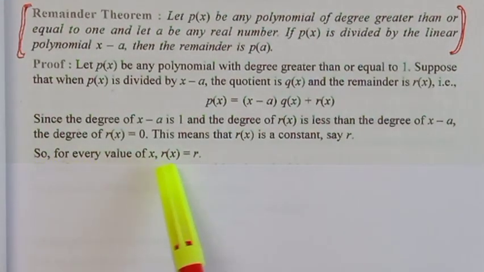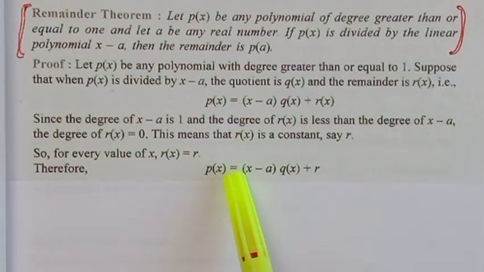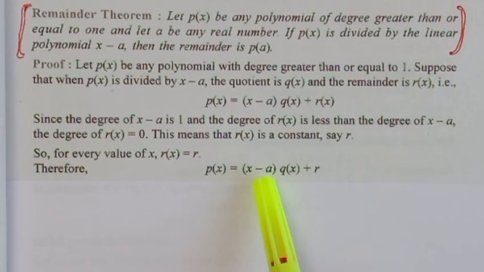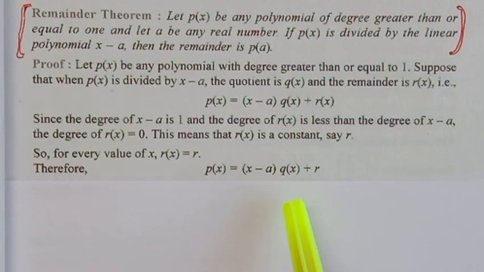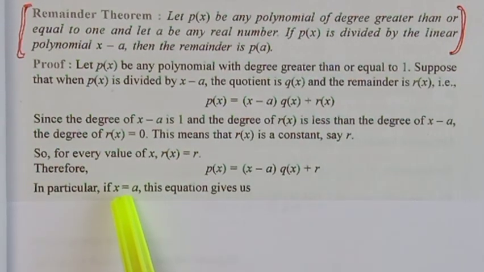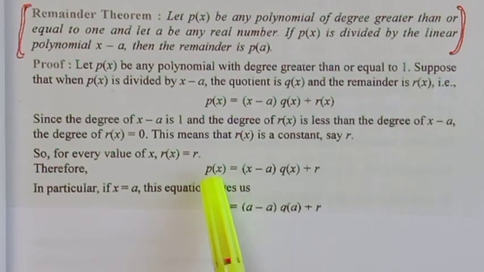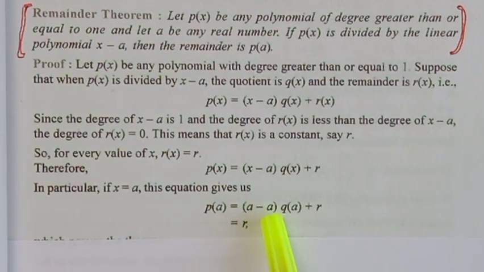So for every value of x, r of x is equal to r. Therefore, p of x is equal to x minus a, q of x plus r. As we substitute the value of x as a, this equation gives us p of a is equal to a minus a, q of a plus r.